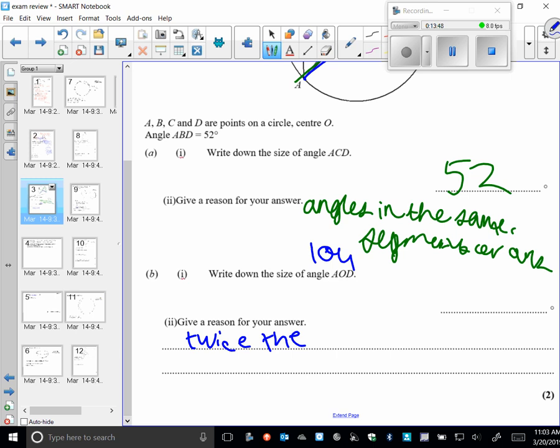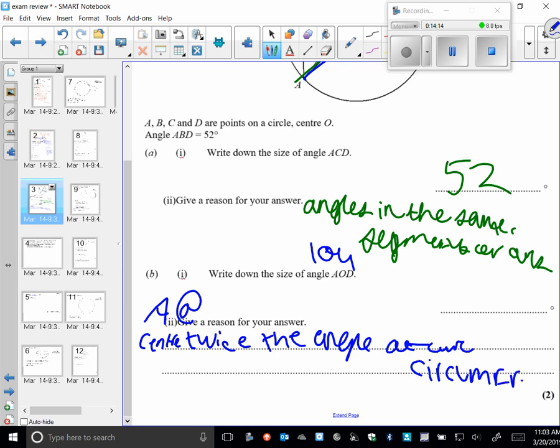So the fancy way you should say it is: the angle at the center is twice the angle at the circumference. Lovely. Okay, we good? Is that it?